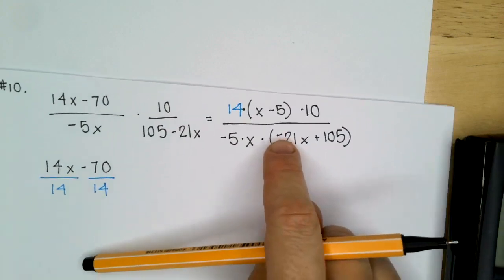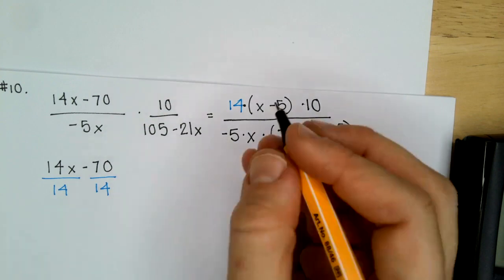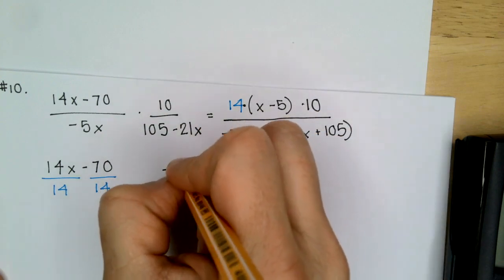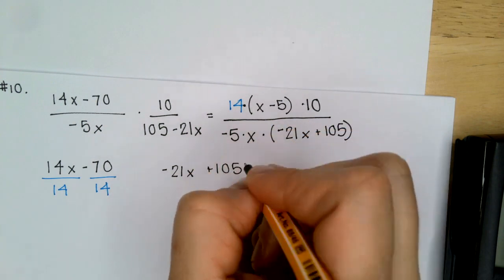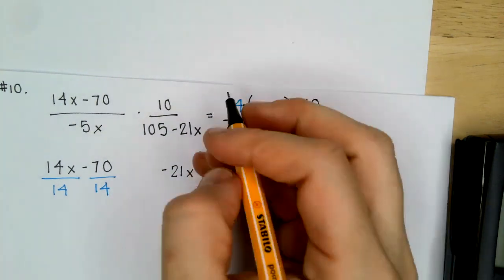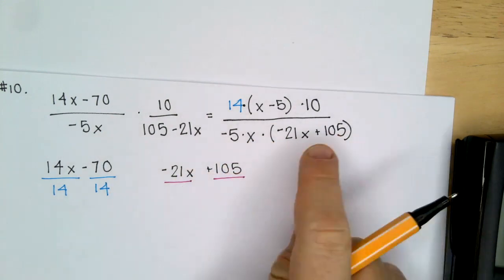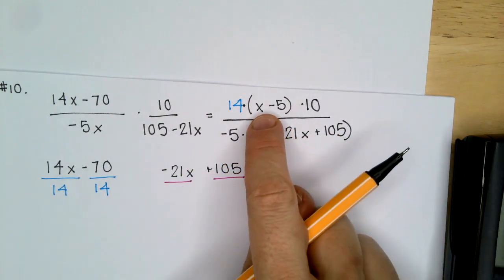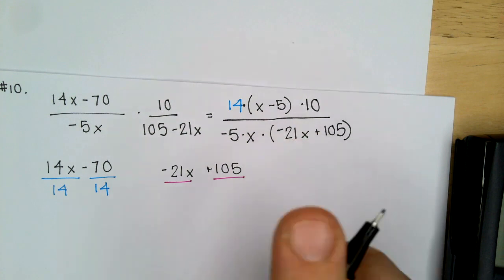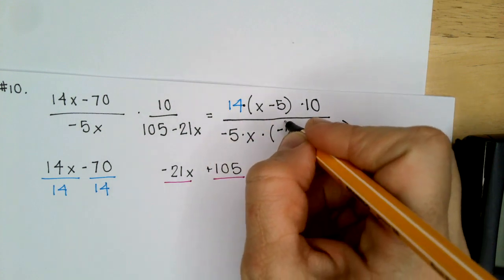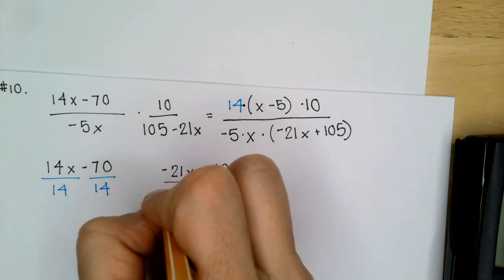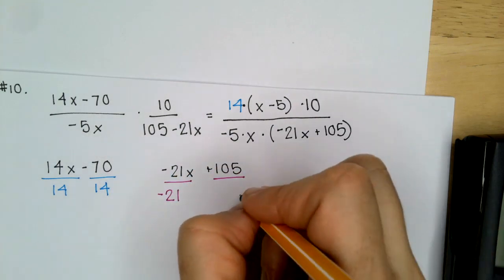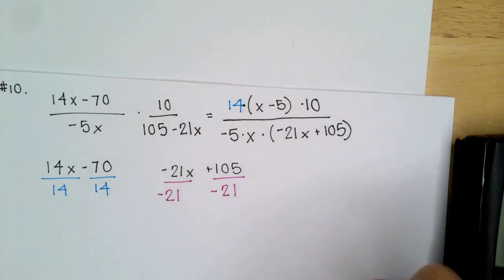What can I divide negative 21x plus 105 by? What can I divide both of those by to make sure I have a positive x and a negative 5? I can divide them by what will make negative 21x into x, dividing it by negative 21. Right? Let's see if that works.